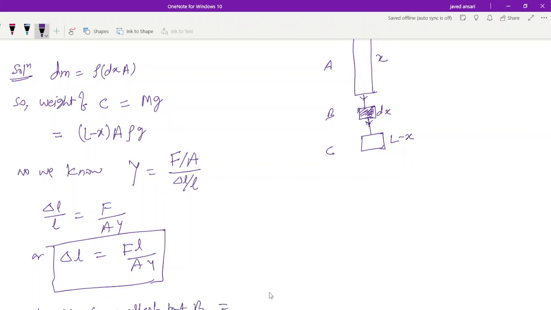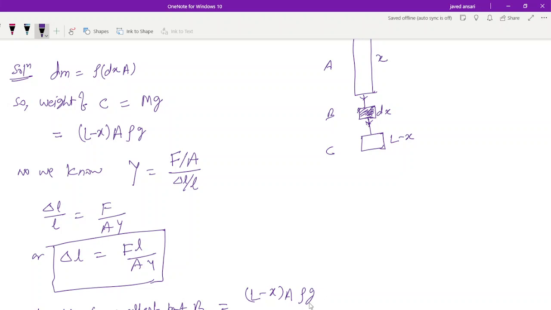B will be F. F is how much? F will be mg, which is the weight. We already found mg: L minus x, into A rho g.